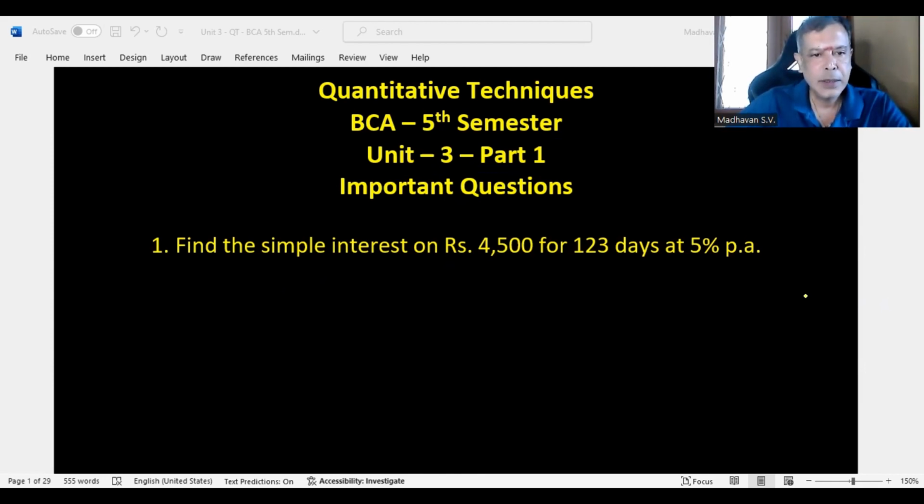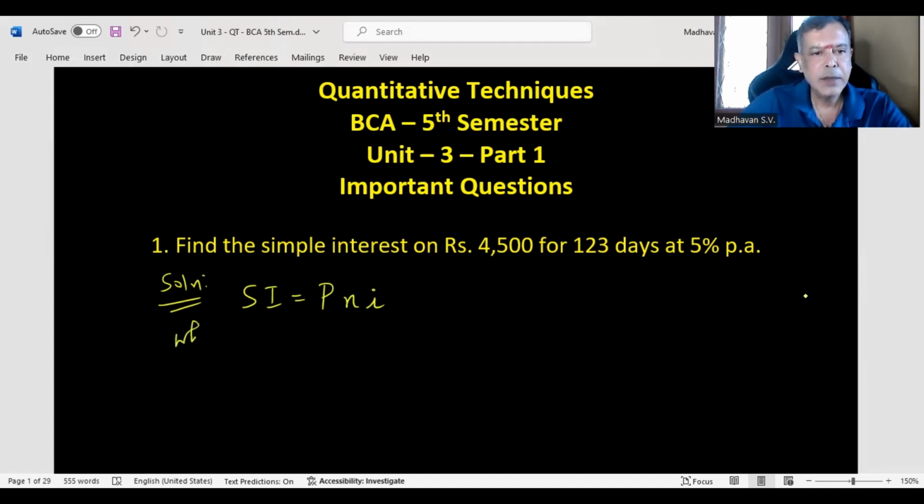So here we are supposed to find out simple interest, SI, that is nothing but principal multiplied by number of years multiplied by interest in decimal.